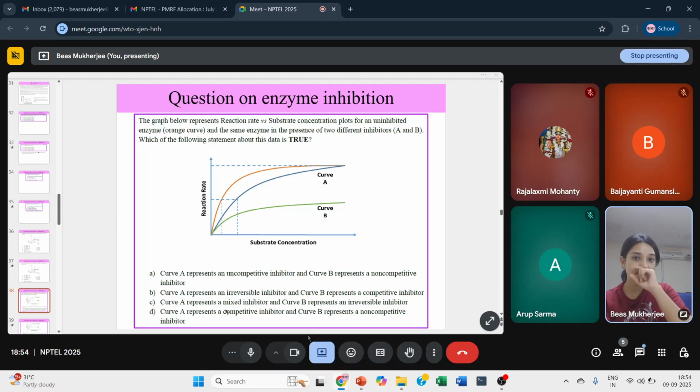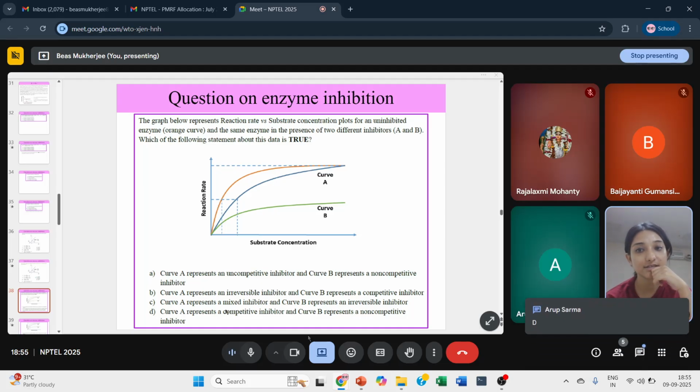So in one of the cases, if you see for curve A, there is no change in Vmax. If you note, there is no change in Vmax, but Km is increasing. For the next one, what is happening is Vmax is decreasing. And what is happening to Km? Km is constant. Or is it decreasing or increasing?